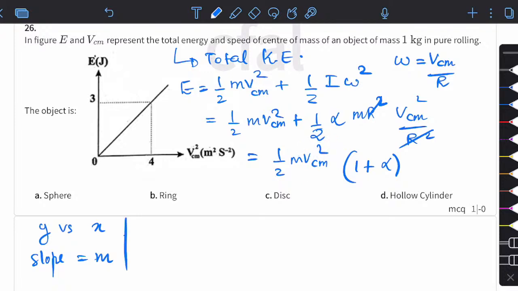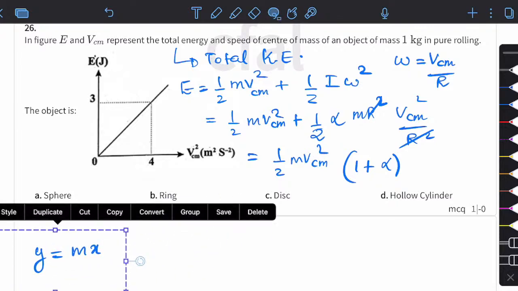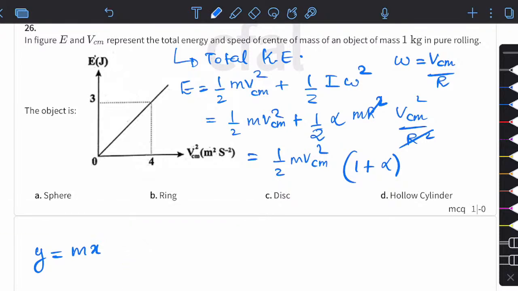So a general straight line graph passing through the origin is of the form y is equal to mx, and the slope of the graph is what we identify as m. So just making that comparison, the slope here must be half m into 1 plus alpha. I hope that's clear. Slope is half m into 1 plus alpha.